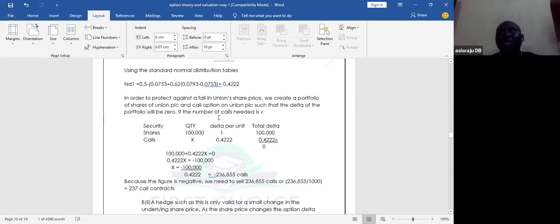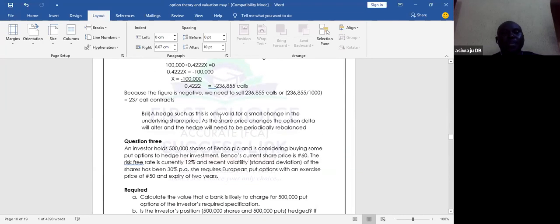So that we can maximize this time, I need to explain the application of option theory to real investment. When we defined option theory, I said an option is the right to buy or sell an underlying asset at a predetermined price called the exercise price at a known future date.